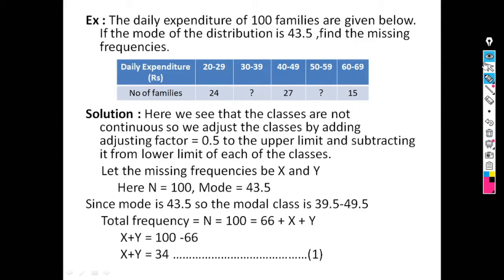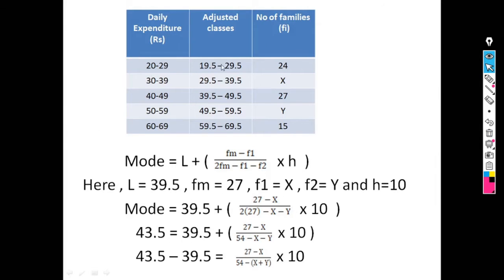So 20 to 29 becomes 20 minus 0.5, that is 19.5, and 29 plus 0.5, that is 29.5. So the first class interval is 19.5 to 29.5 and its frequency is 24, which is already given.